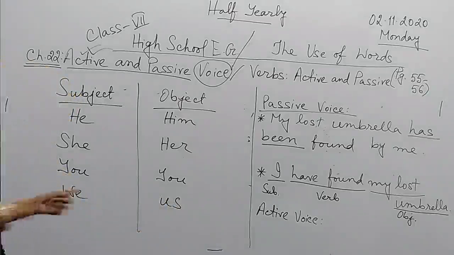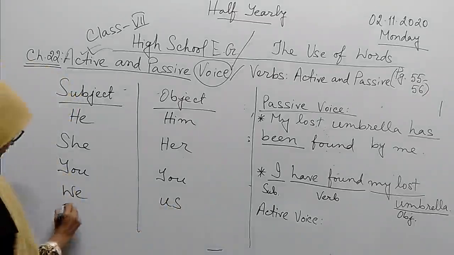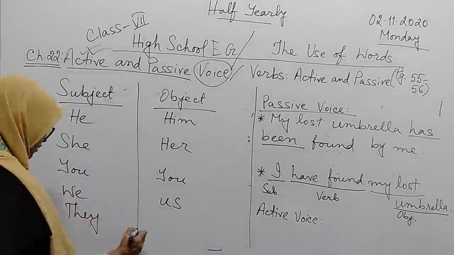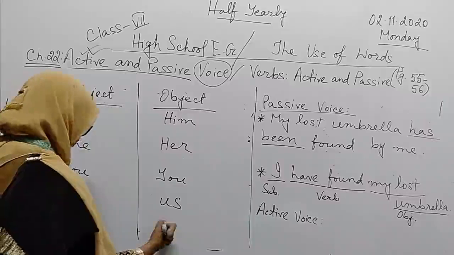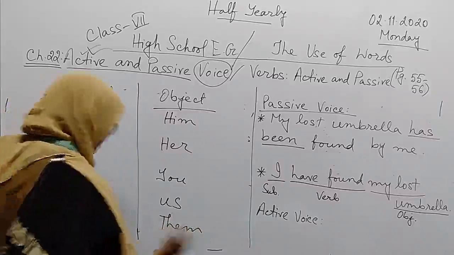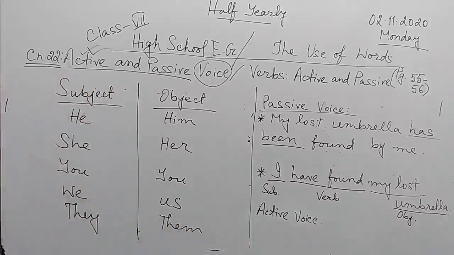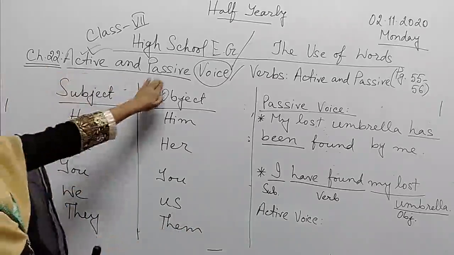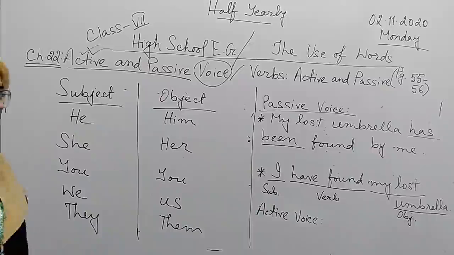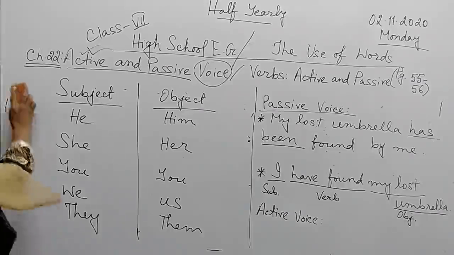We becomes us as object. They becomes them. Alright? Like that. Okay? So you will need this while changing a sentence from active into passive.